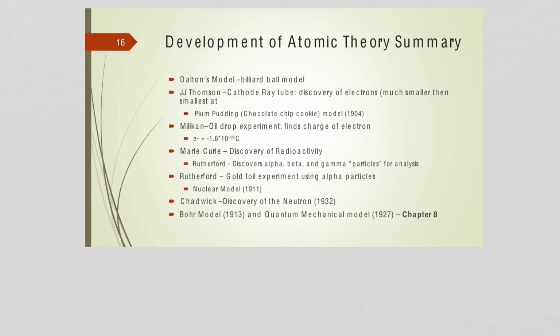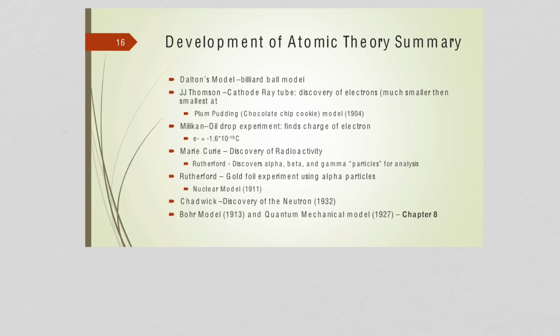And so, to highlight the major points along the way, we started out with Dalton's atomic theory, and then we moved to J.J. Thomson's experiments with the cathode ray and the development of the Plum pudding model, right?